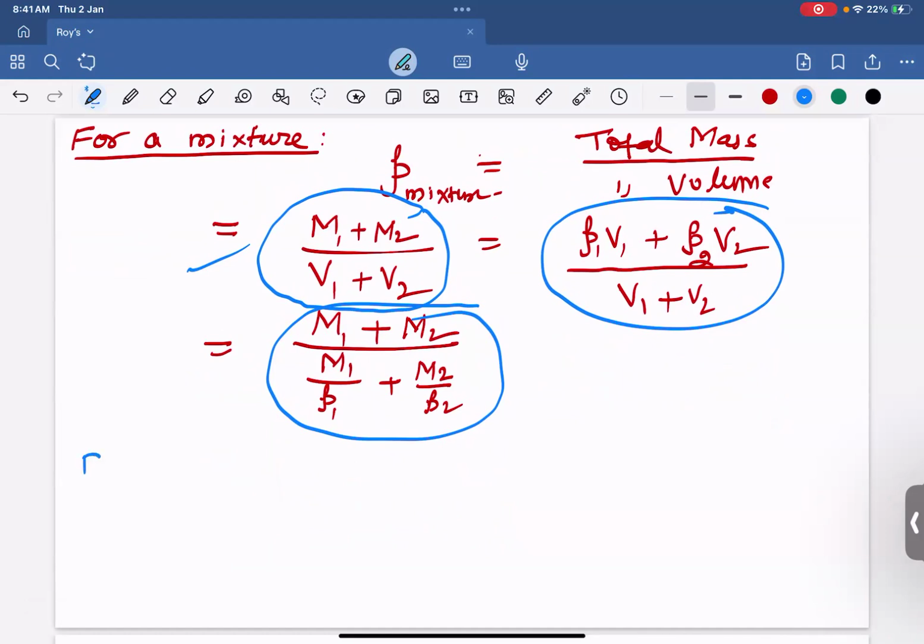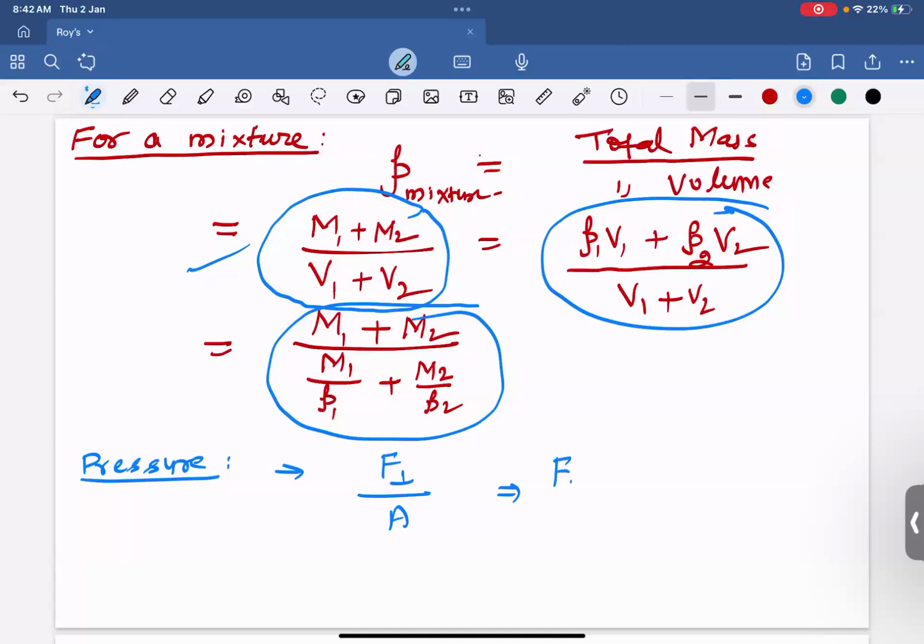Then the next property that you should understand is pressure. Pressure is the force divided by area. But which component of force will we take? That component which is perpendicular to the area.